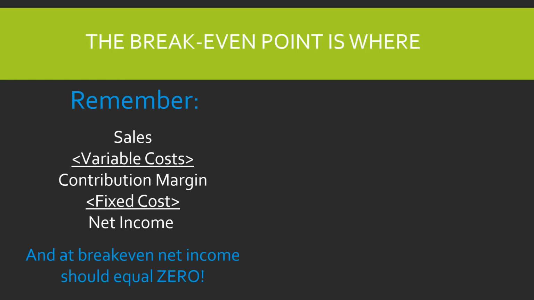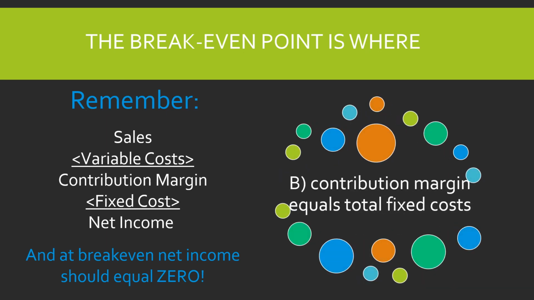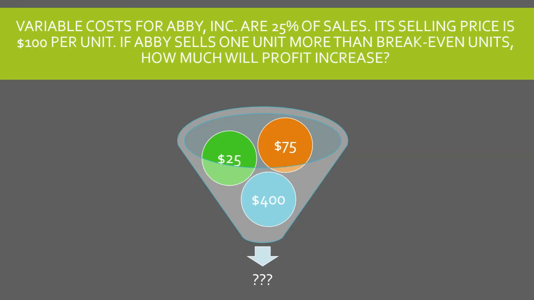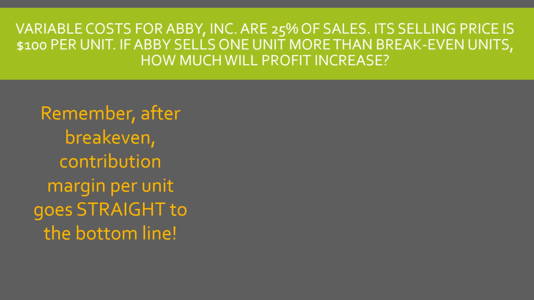So the only way that net income can equal 0 in this formula is if contribution margin equals total fixed cost. So remember that after break even, contribution margin per unit goes straight to the bottom line.